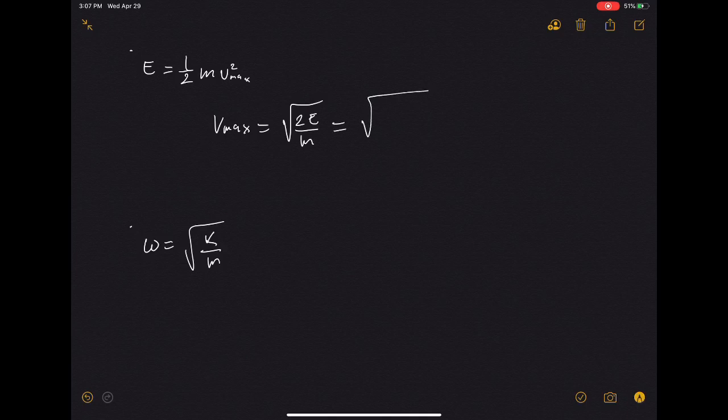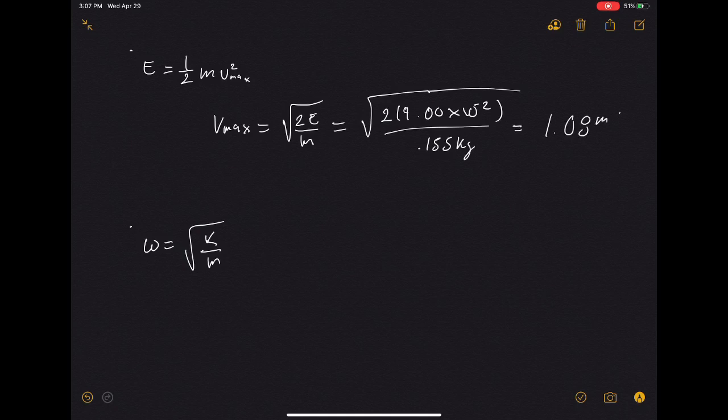So that's going to be 2 times the energy that we got the first thing we did, 9.00 times 10 to the negative 2 over the mass in kilograms, and that's going to be 1.08 meters per second.